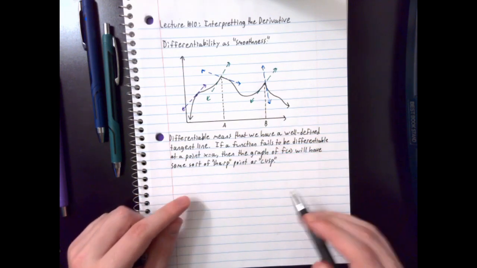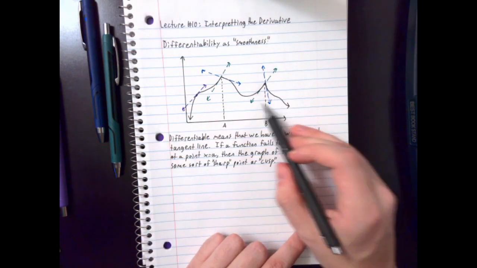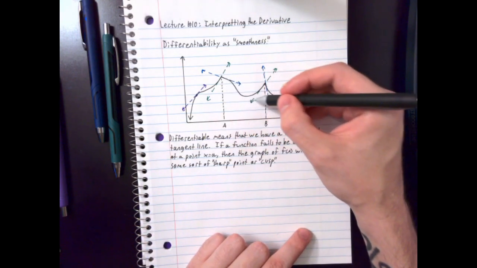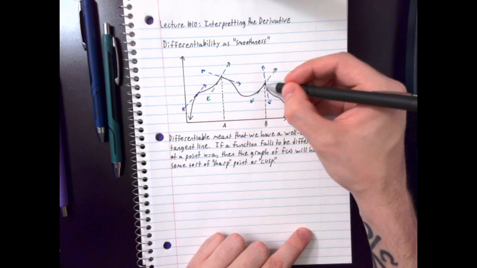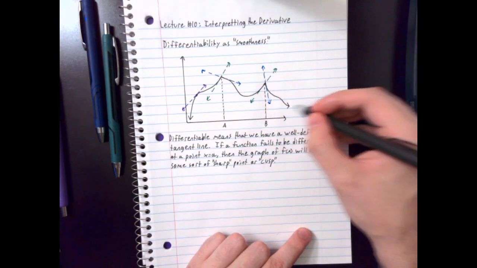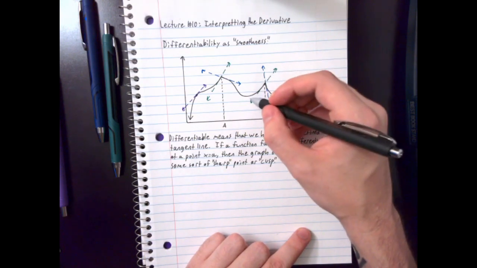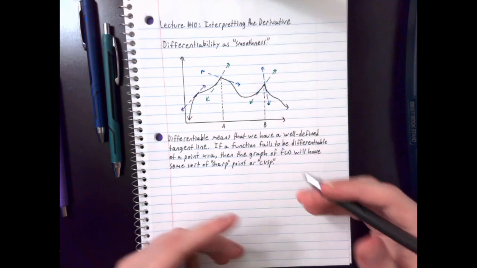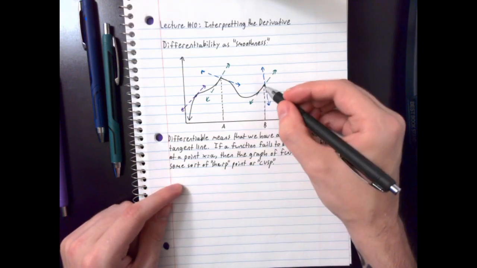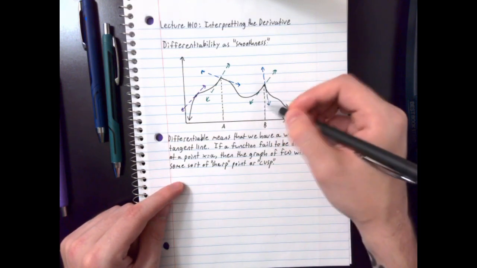That is, the function isn't some smooth point. As I was drawing this graph, I didn't just smoothly move my pen around, I actually abruptly changed the direction that I was moving my pen. And this represents abruptly changing the slope of the tangent line.